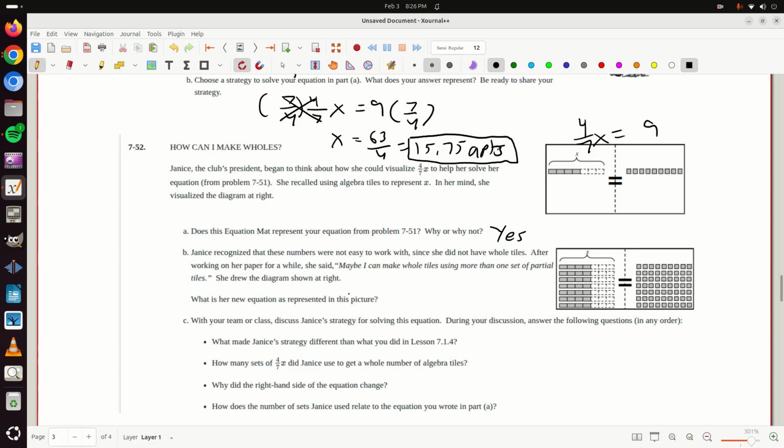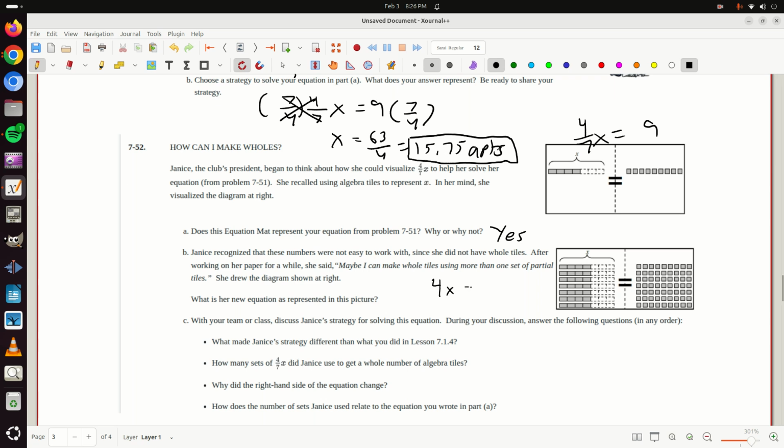Well, there's 28/7. So it looks like we have 28/7 is 4. So 1, 2, 3, 4, 5, 6, 7, 8, 12, 16, 20, 24, 28, right? So we have 28/7, so that's kind of like 4x, if that makes sense.